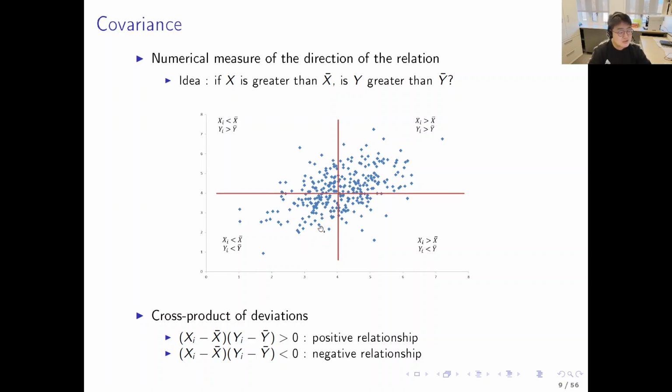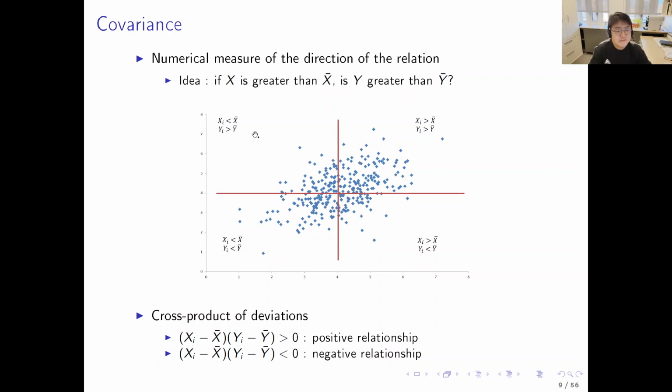Similarly, the third quadrant here shows the observations where x is decreased from x bar and y also decreased from y bar. If everything started from the mean, both decreased. So they also move together. They are the observations that are moving in the negative direction together.